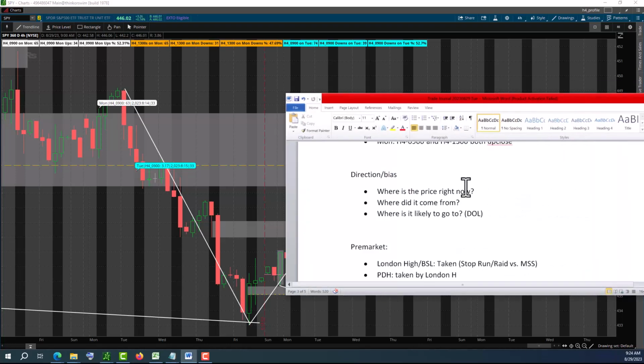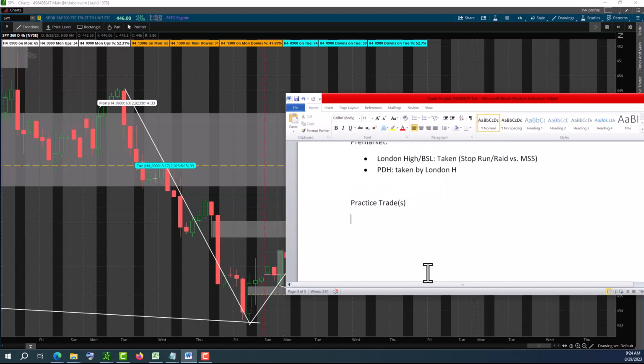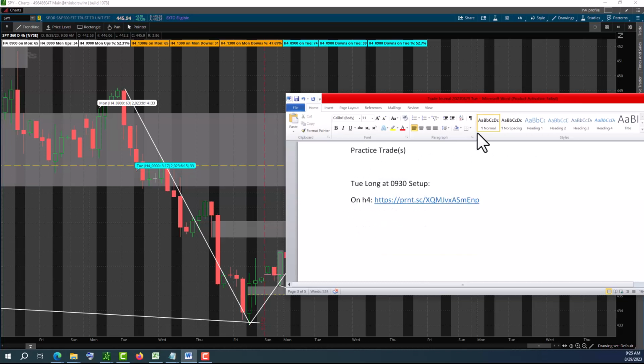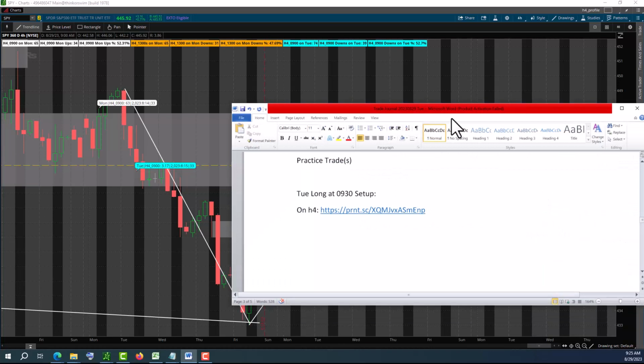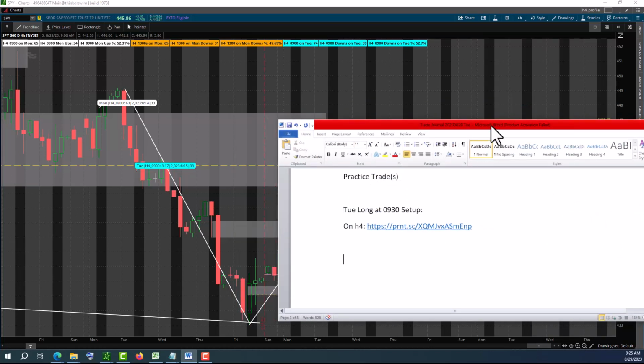So for this setup, we can say Tuesday long at 9:30 setup.